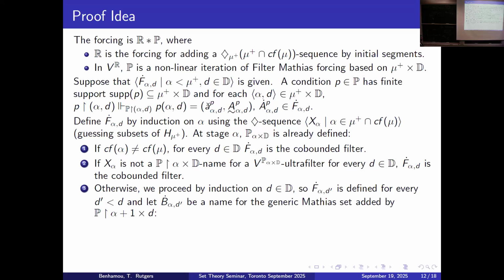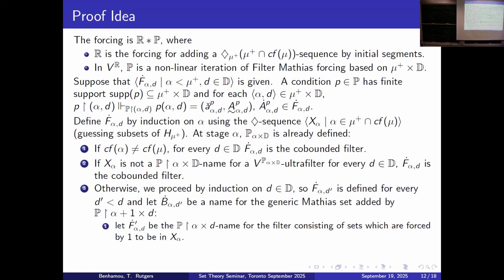Okay, so these are the filters F dot alpha D prime. So that's a P restriction to alpha D name for a filter consisting of sets which are forced by the trivial condition of the quotient forcing to be in X alpha.